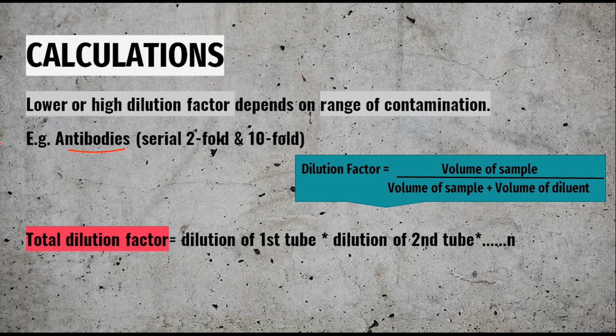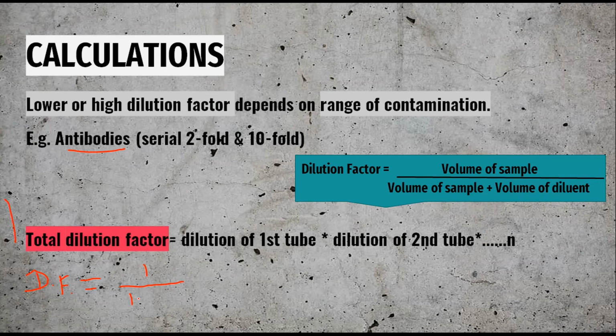By dilution of first tube into second tube. Let me take an example here. For example, for 10-fold dilution, what will be the dilution factor? Dilution factor is equal to 1 ml, the volume of sample, which is constant.